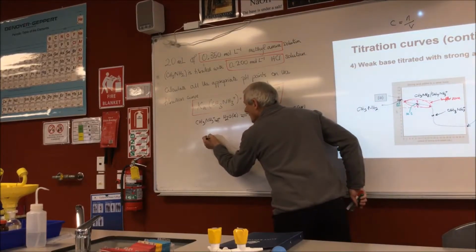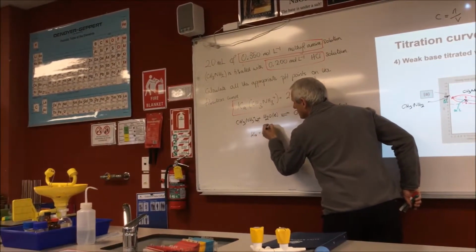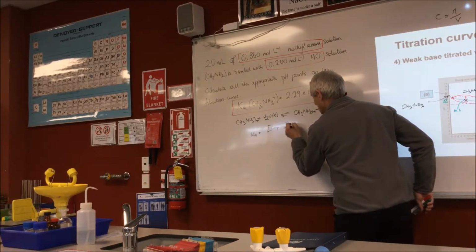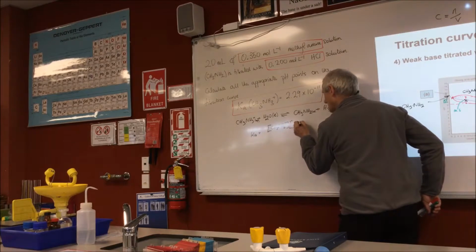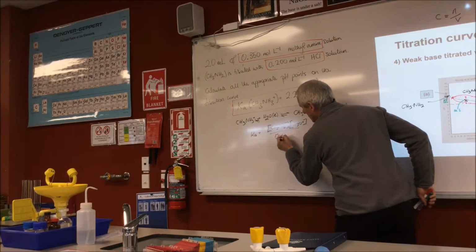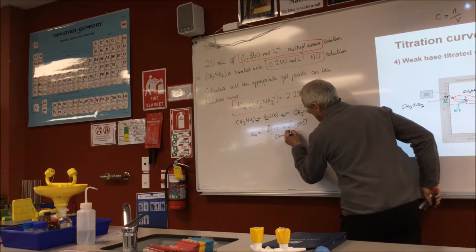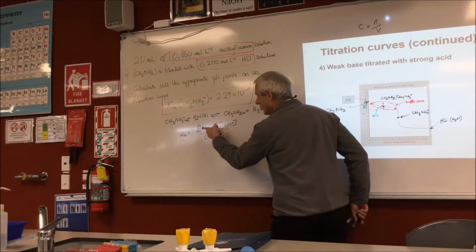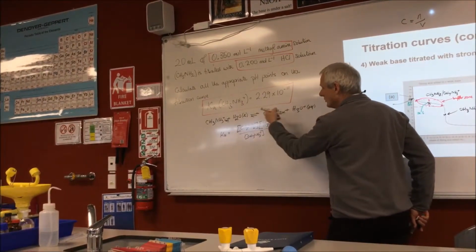So we need Ka is equal to the concentration of CH3NH2 times H3O+ over the concentration of CH3NH3+.